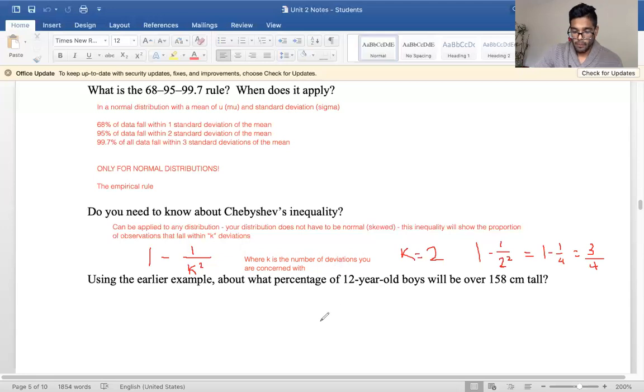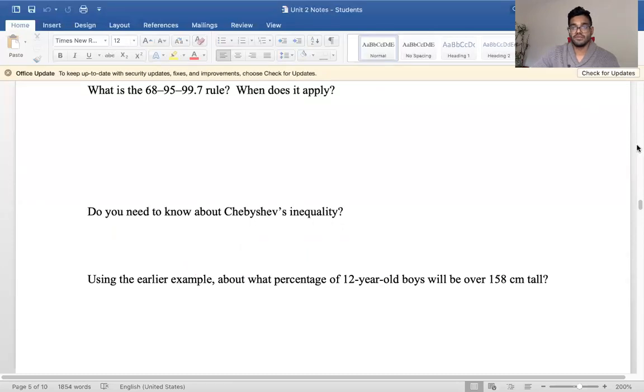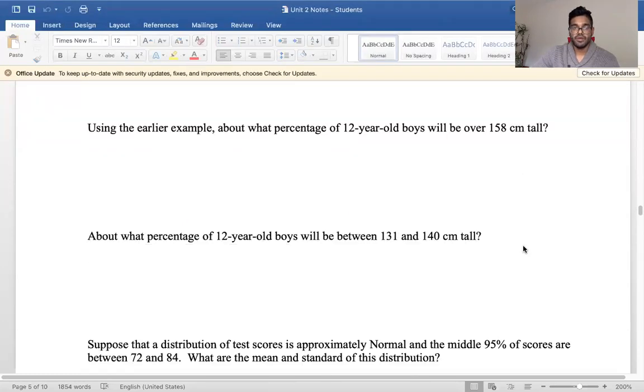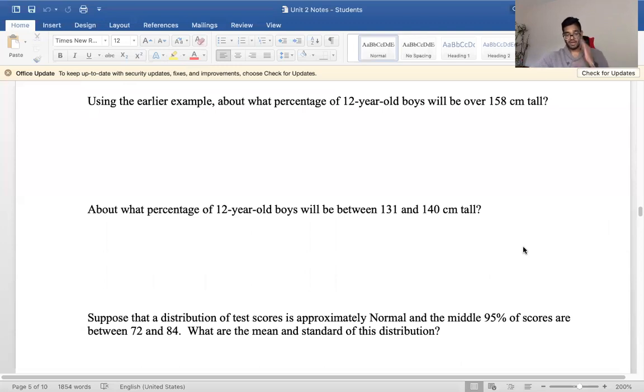Any questions on that? Okay, moving on to the next one. Using the earlier example, about what percentage of 12-year-old boys will be over 158 centimeters tall? Well, I'm going to do this 2 different ways: if it's normal and if it's not normal.